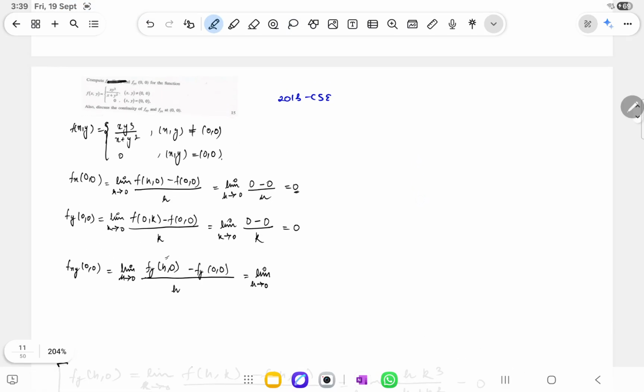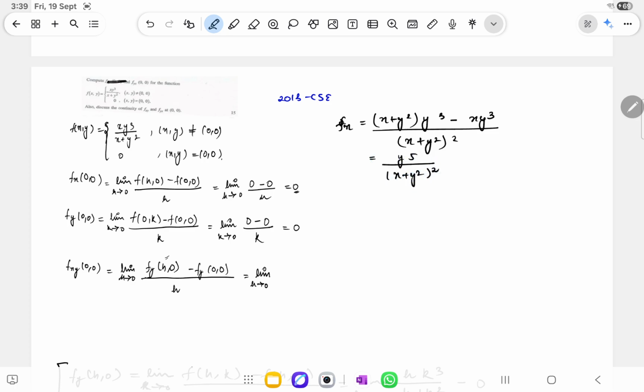So if I calculate fx, I'll get (x plus y square) into y cube minus xy cube, divided by (x plus y square) whole square, and this will equal y raised 5 divided by (x plus y square) whole square.